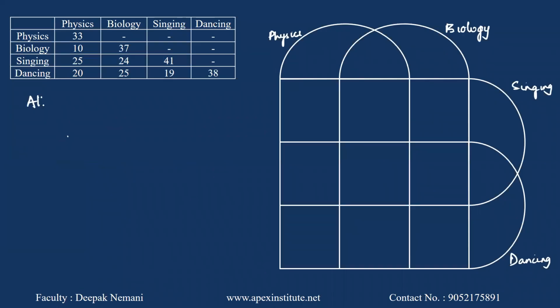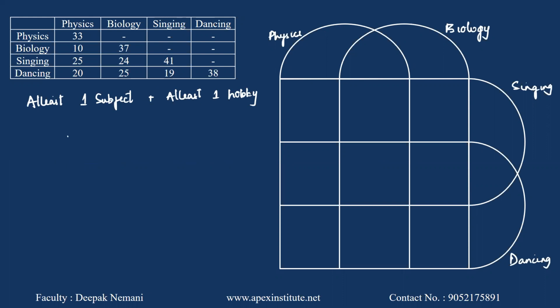So at least one subject and at least one hobby. Now, if you really understood this statement, then your job becomes easy.